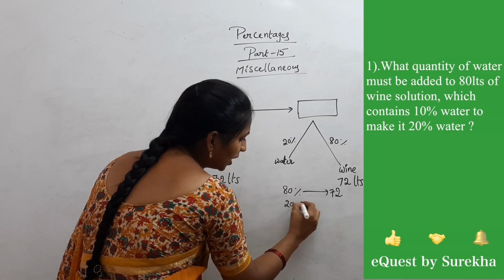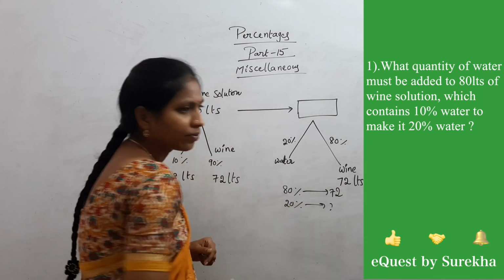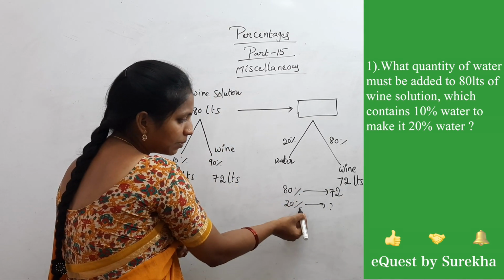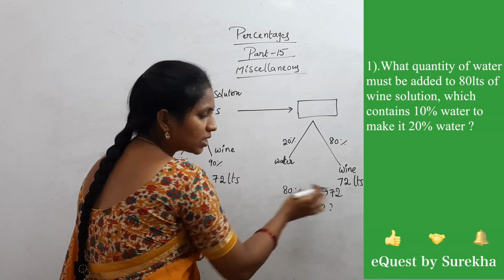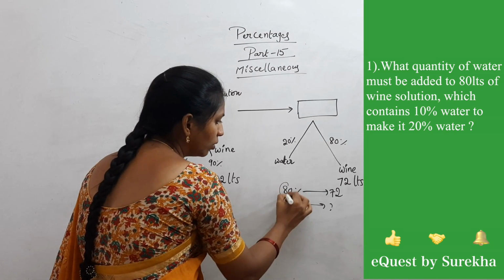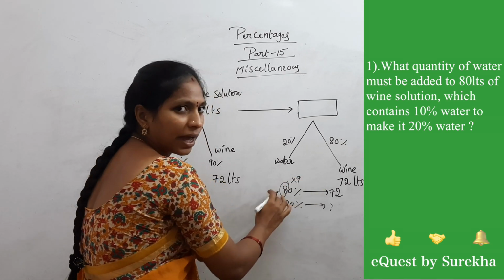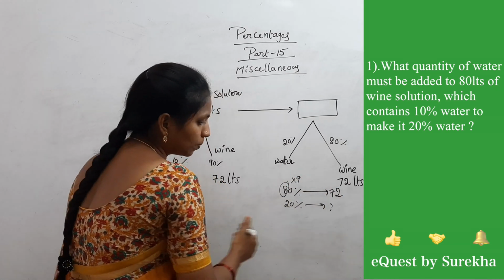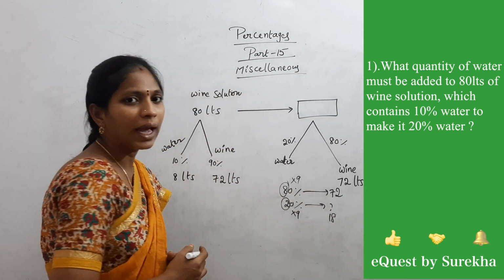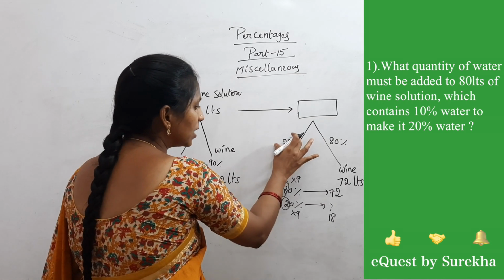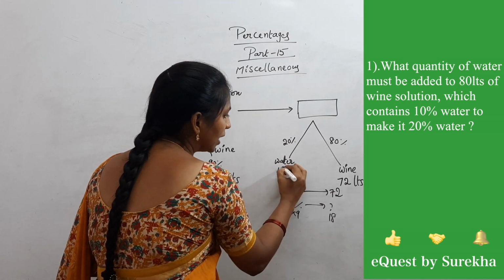Percent gets cancelled and 0 gets cancelled. 8 into how much is 72? 8 into 9, 8 9s are 72. So 2 into 9. What is the value? 18. So 20% of water means how many liters?